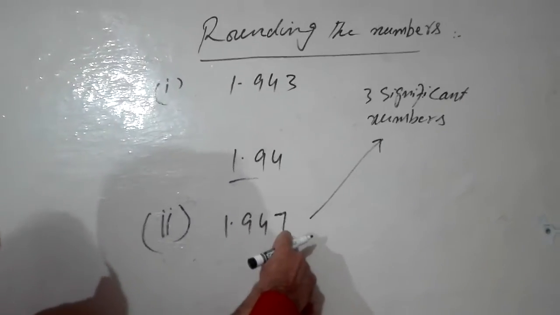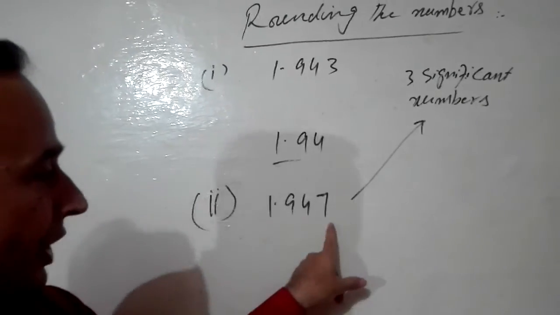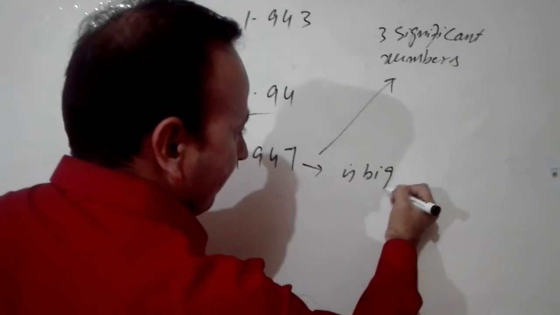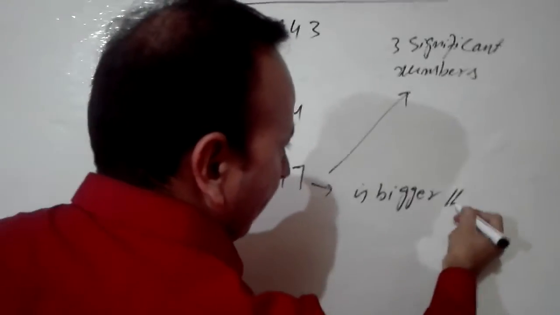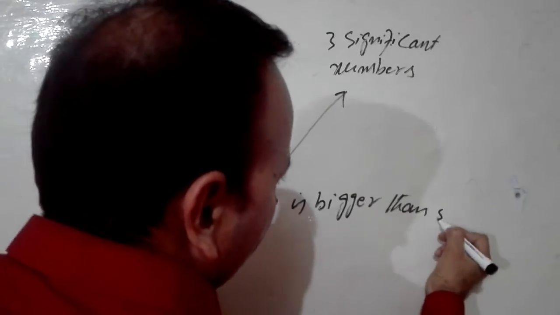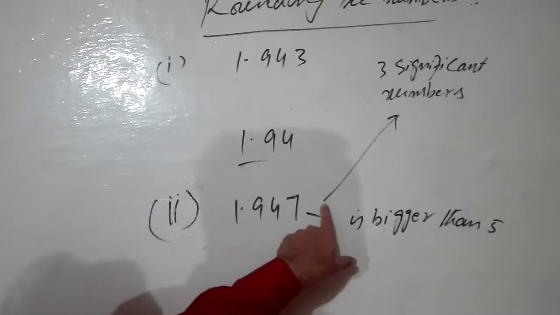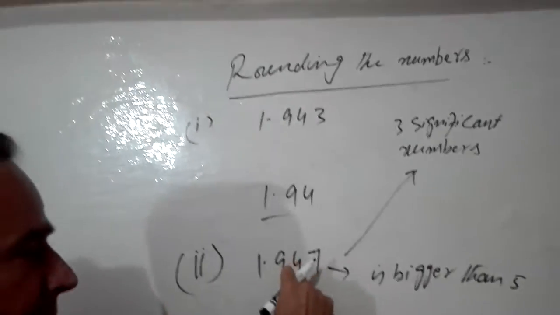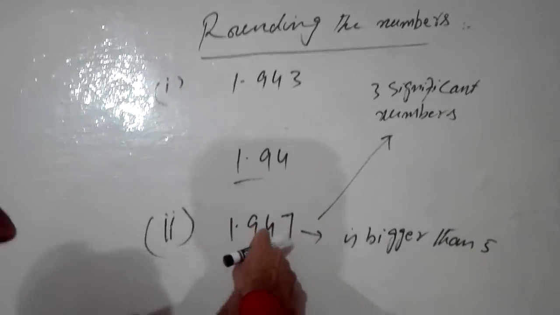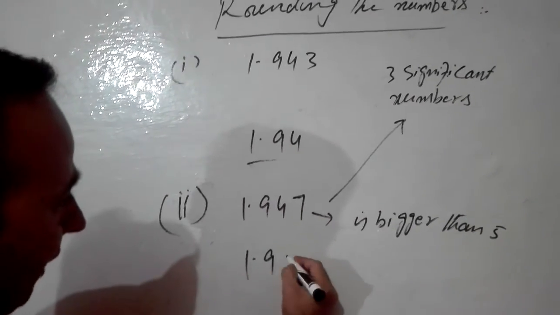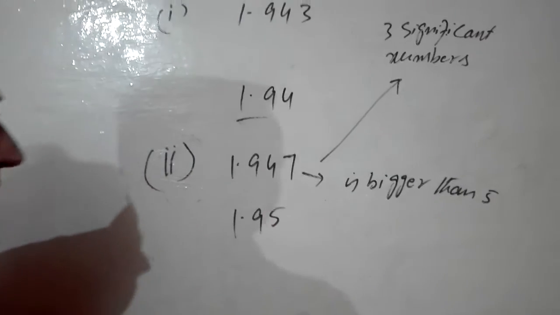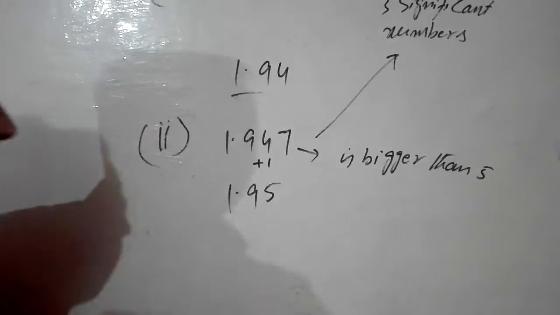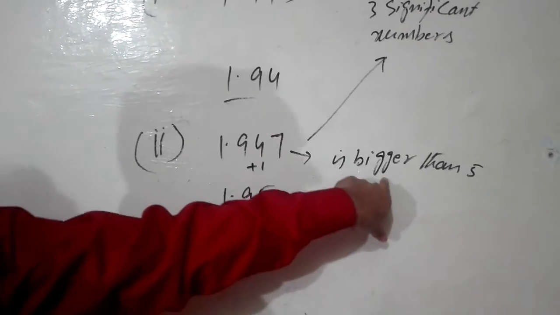The fourth place digit is 7, and 7 is bigger than 5. If it is bigger than 5, then you will have to add 1 to the previous number 4. So 1.95, because 7 is bigger than 5.